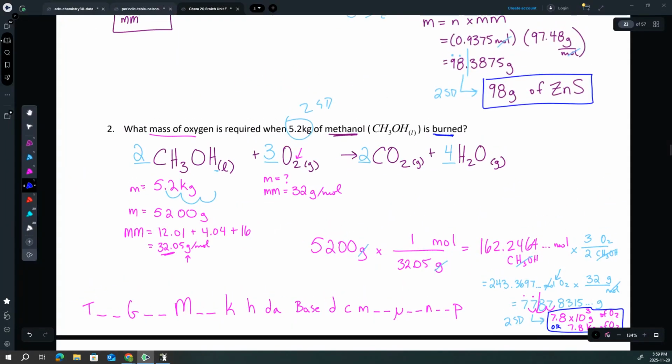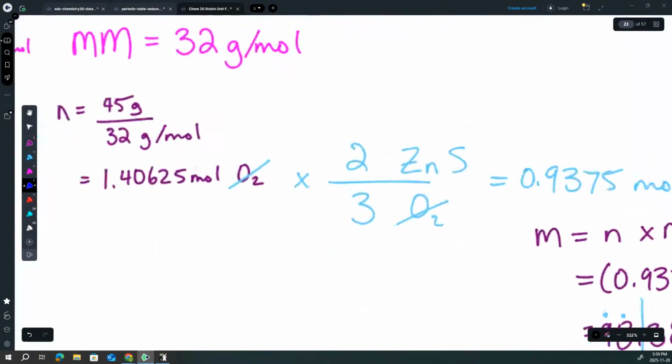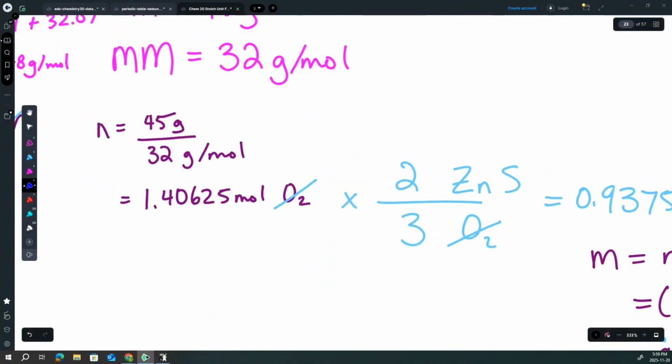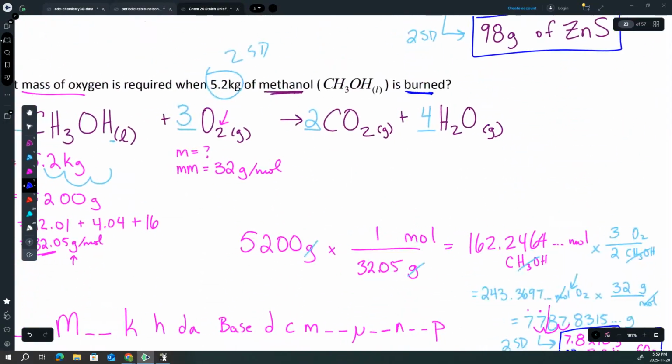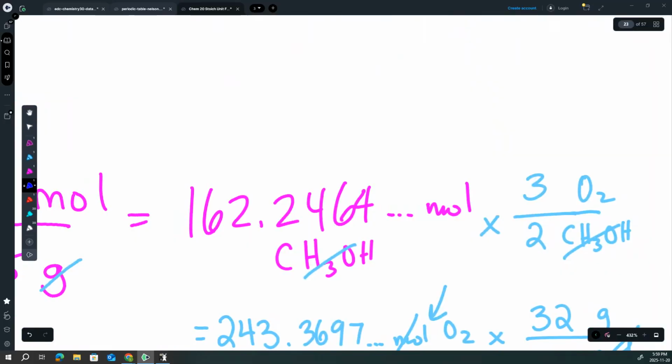For the next step, like in our original example, we took the moles and multiplied it by the mole ratio, which we still did here. We took our moles of methanol and multiplied it by our mole ratio.